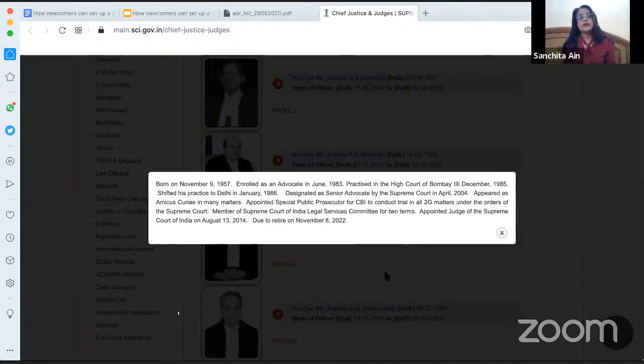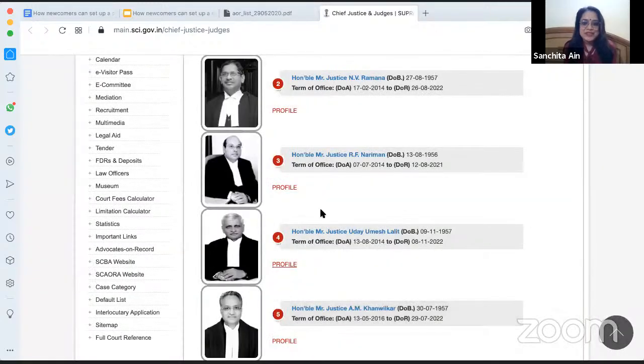Even after becoming an AOR, he had established himself as an arguing counsel, such that people were briefing him on matters in which he had not done the filing. He was appointed special PP for CBI to conduct trial in all the 2G matters, and he didn't have experience of trial. That's what I wanted to show.